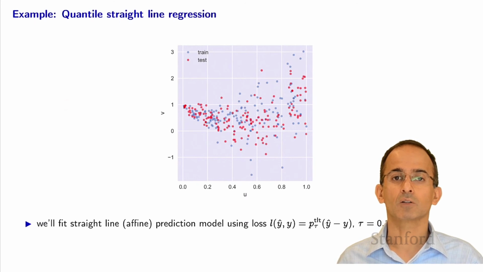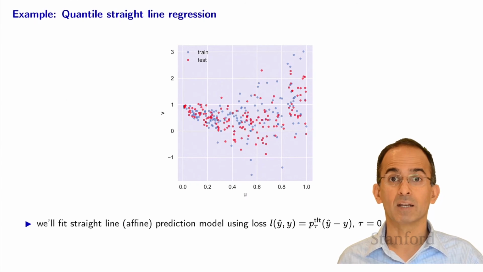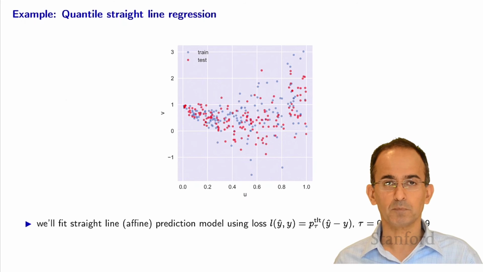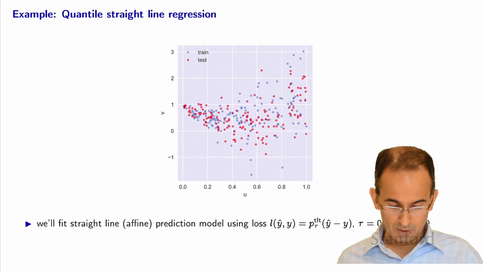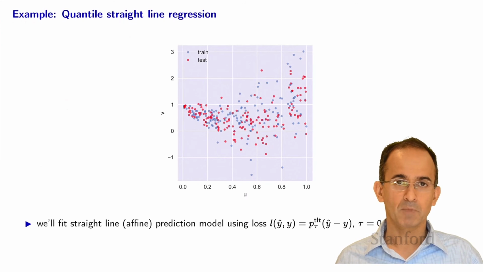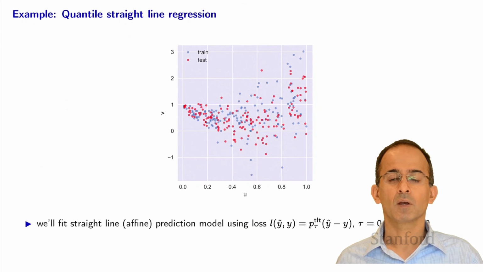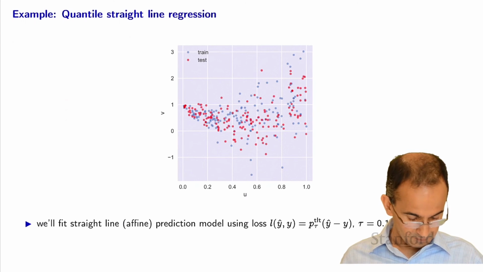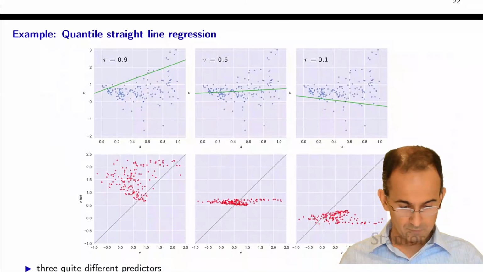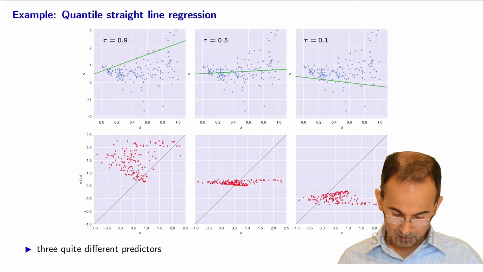So we'll have a constant term and a linear term in our predictor. We have blue points here which are training points and red points here which are test points. And we're going to fit a straight line prediction model using the tilted loss at 3 different values of tau. And these are the resulting predictors.